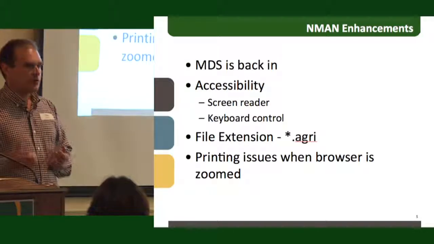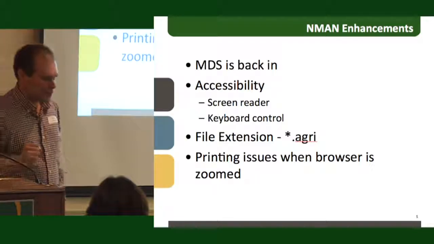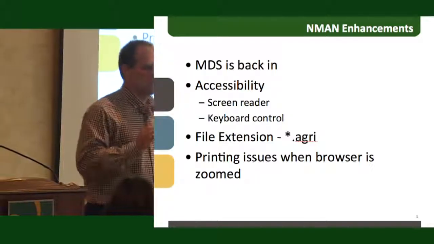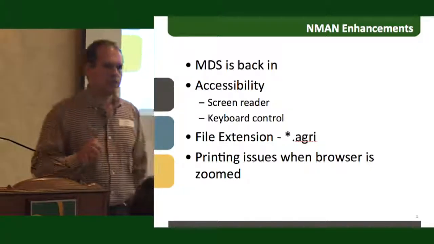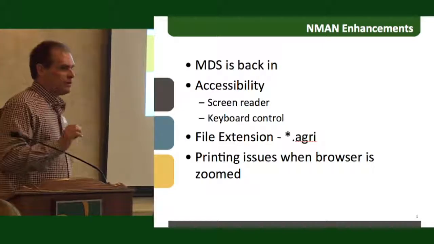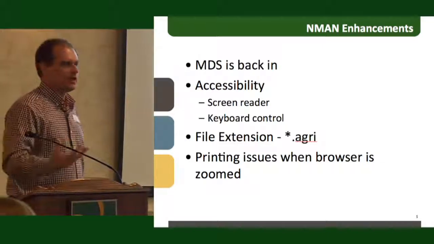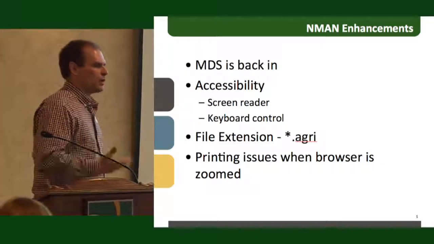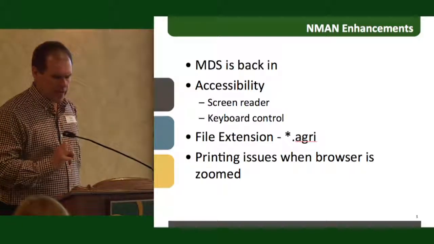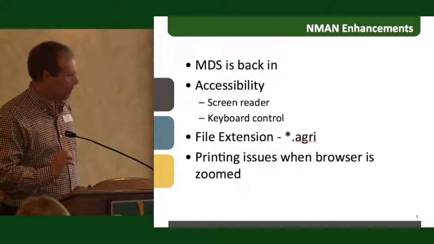We've gone through every screen, and every screen can be read. There's a lot more keystrokes that get you to the next field if you can't use a mouse. And there's a lot of keyboard shortcuts like there are in Windows and in Word, where you do a shortcut and you get to a function. Talk a little bit about that in a second, I think.